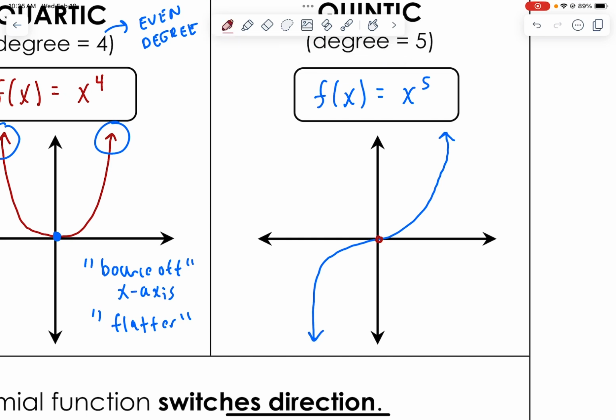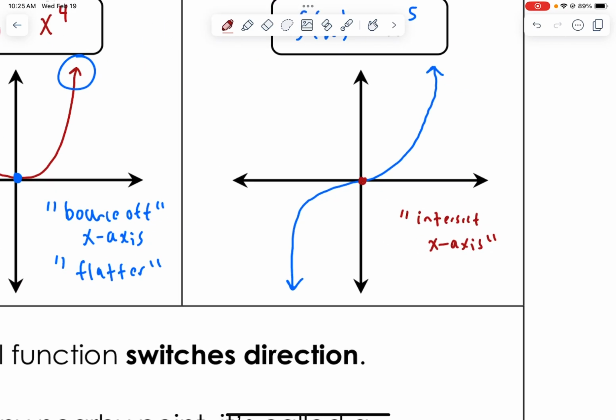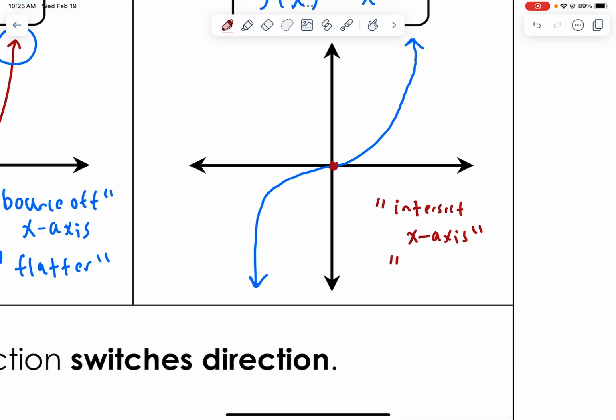Okay. And once we get here, we intersect the x-axis here in a curved-like manner, but it does get flatter when it intersects.